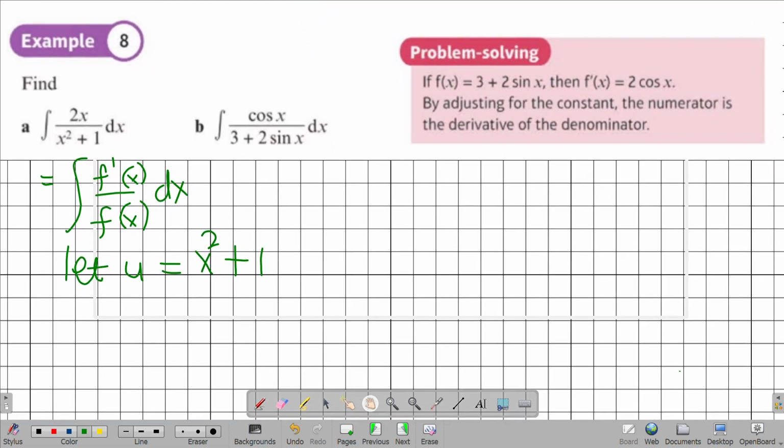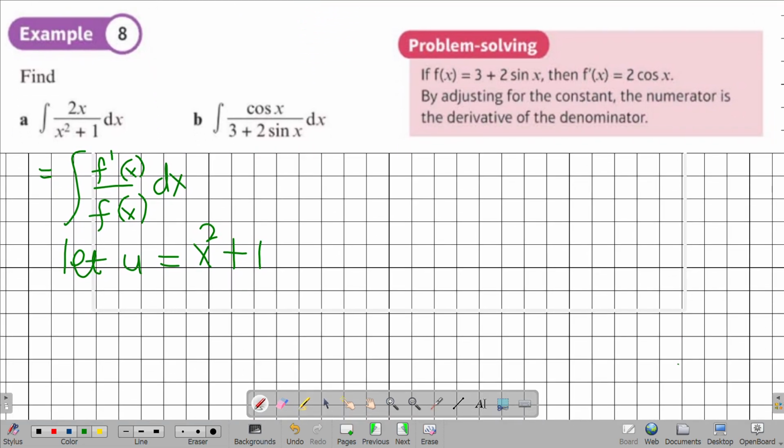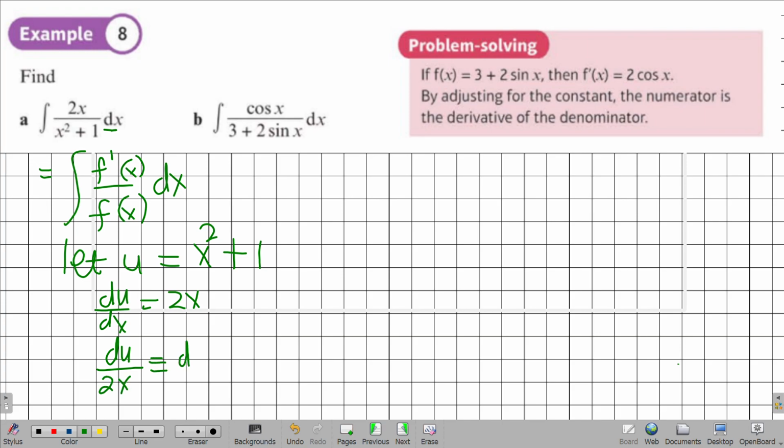And once we've done that, we are going to say du over dx is equal to 2x. And since we are substituting u for x, it means also dx has to change. So we have got to make dx identically equal to this part here. So that's our substitution.